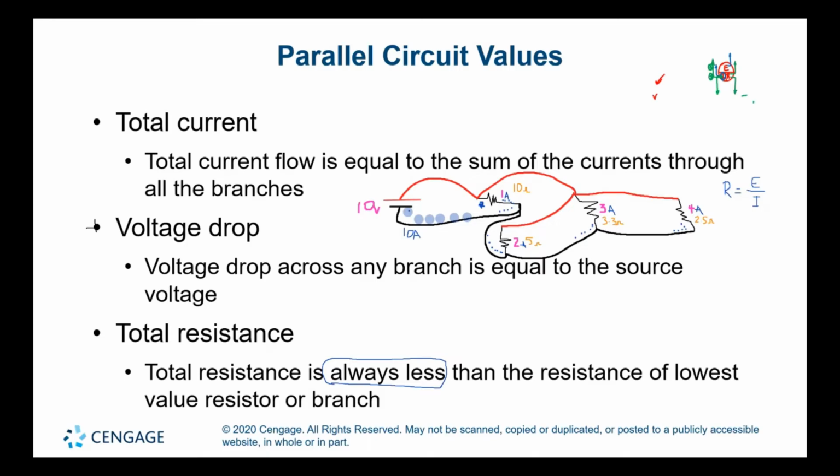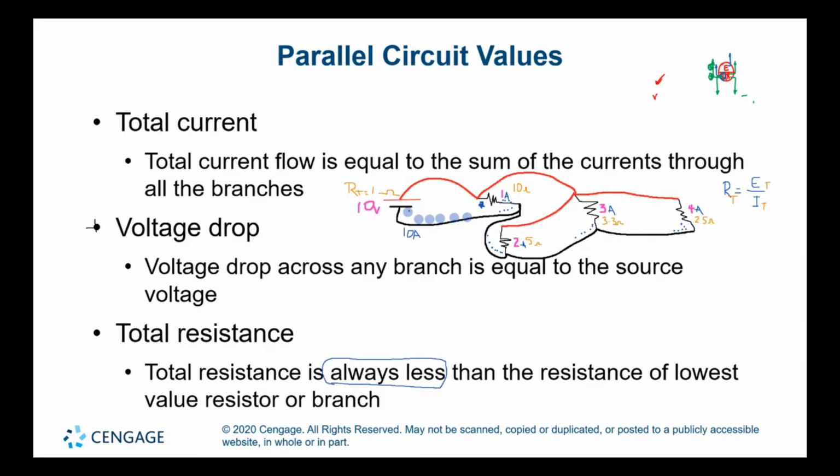If we determine how much is RT, RT is equal to, using the same formula, ET divided by IT. So that means that it is equal to 1 ohm. Fair enough? So let's see if these rules apply. The total resistance, 1 ohm, is always less than the resistance of the lowest value resistor or branch.